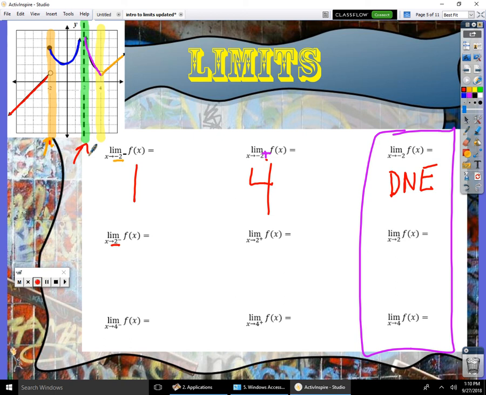I want to know the negative, so I want to know which side. The left. Which graph is on the left? What color? Blue. So when blue approaches that green fence, as blue is traveling, when it gets to the green fence, what is its height? Positive infinity. Yes.